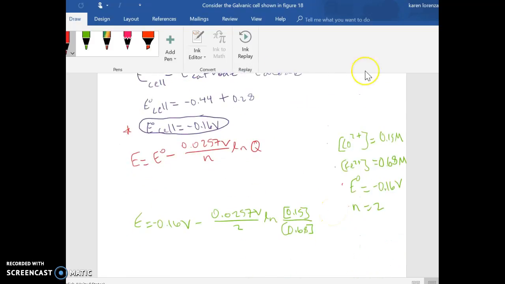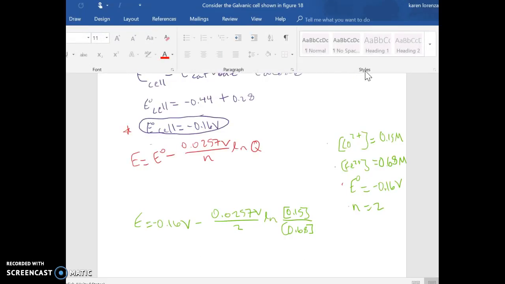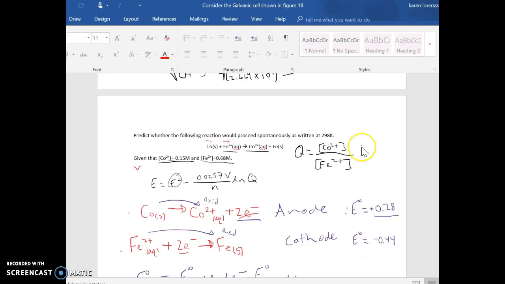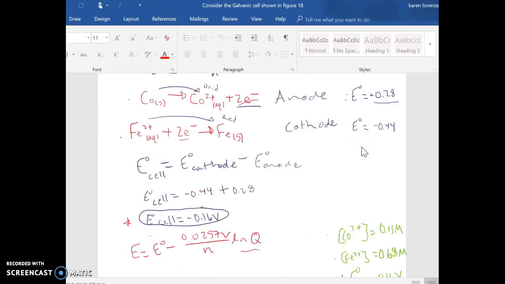And remember that our Q is equal to the concentration of our products over the concentration of our reactants.